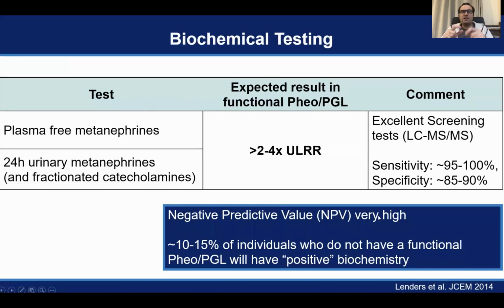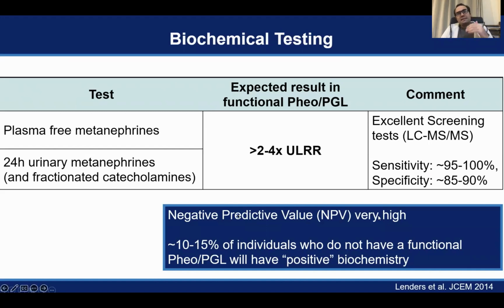In someone, especially who has symptomatic pheo, this patient will have 5-fold, 6-fold elevated metanephrines. So if the patient has a normal value, this patient does not have pheo. This has a very high negative predictive value.